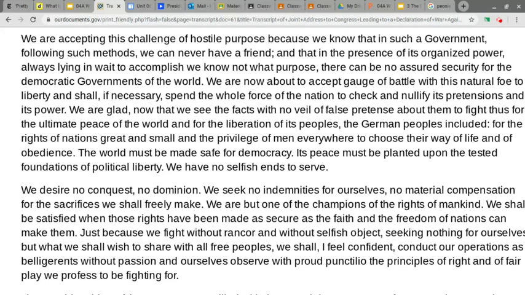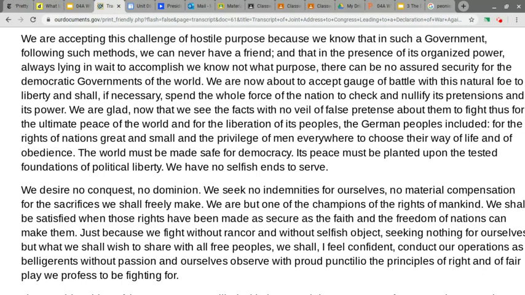We are glad now that we see the facts with no veil of false pretense about them, to fight thus for the ultimate peace of the world and for the liberation of its peoples, the German peoples included, for the rights of nations great and small, and the privilege of men everywhere to choose their way of life and of obedience. The world must be made safe for democracy.